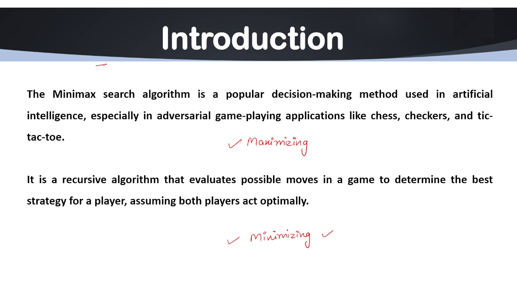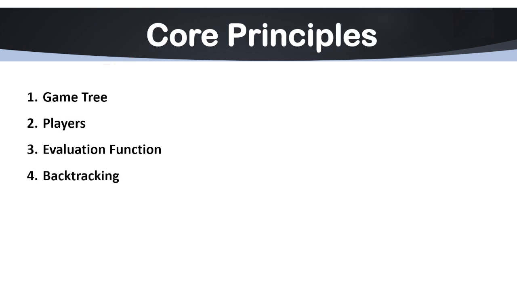So one thing that I want to share with you, the min-max search algorithm always follows a game tree rule. If we talk about its core principles, the first core principle is game tree. I will discuss every point in detail. Another is players, evaluation function, and backtracking.